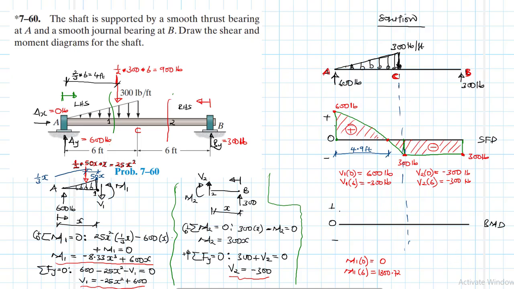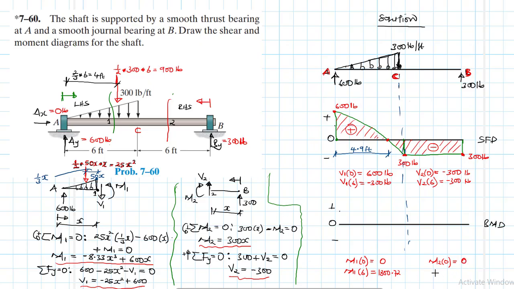Let's go to the other side, M2. In this case, we are moving from B to C. So when x is equal to 0 at B, what is our moment? And we are using this value of M2. You've seen it's just a linear function. So the moment at B is going to be 0 because of the support.